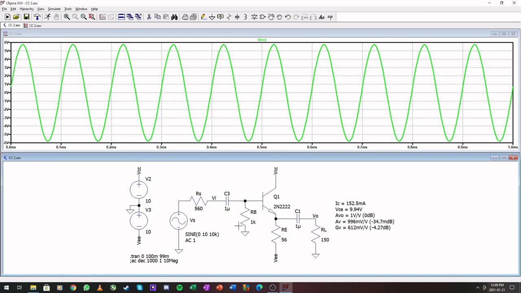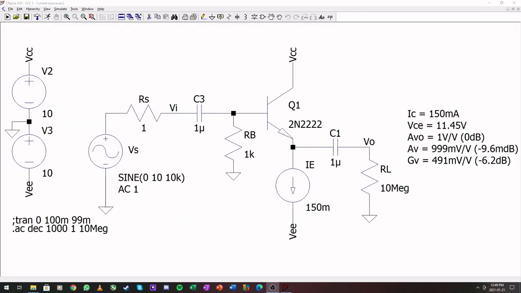Right, so again, the limiting factor here is the input impedance and some of the DC values that is limiting our output capabilities. Okay, most of this becomes better when using a current source. So yeah, let's look at the current source solution.